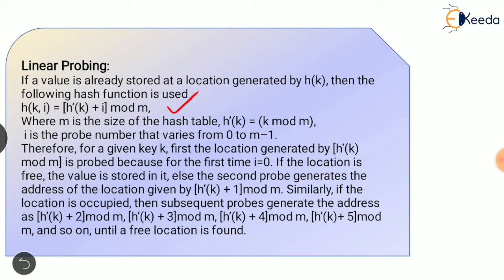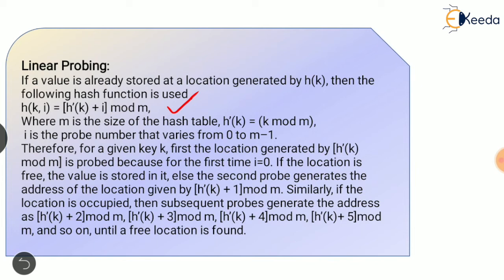Therefore, for a given key, first the location generated by h'(k) mod m is probed, because for the first time i is equal to 0. Now this is the probe number. Initially i is equal to 0. If that particular location is free where we want to store the key, then with i equal to 0 the value is stored in it.